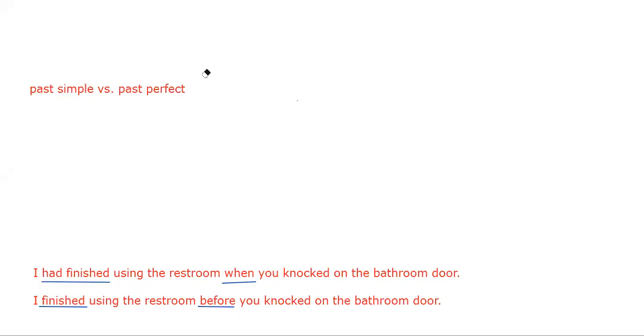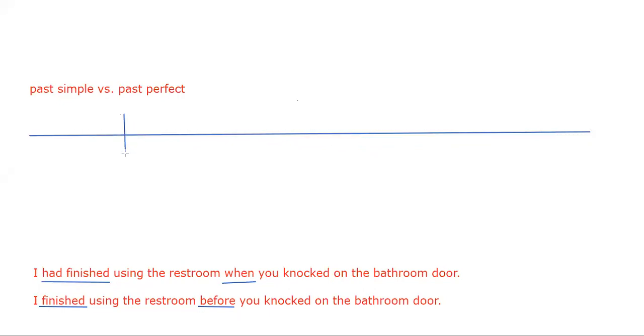Okay, so for the first example, we have a timeline, right? It's easier if I just show you a picture. So this is the past action, right? And that is when you knocked on the bathroom door.